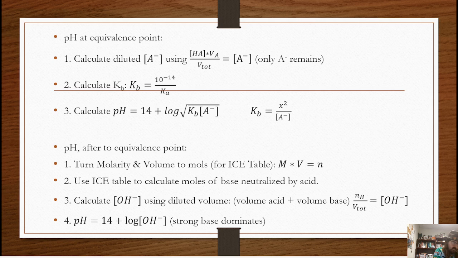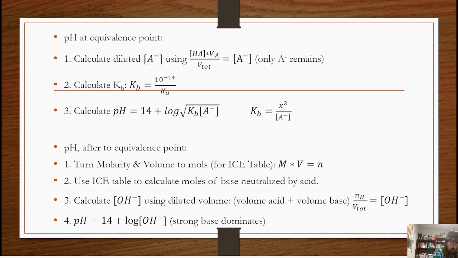But you have the added pain in the butt that you have to calculate for the dilution of A minus. So A minus is now, we essentially turn molarity to moles, and then moles back into the new concentration. And so you have to take that into account. And of course, in point 4, it's just all OH minus at that point.